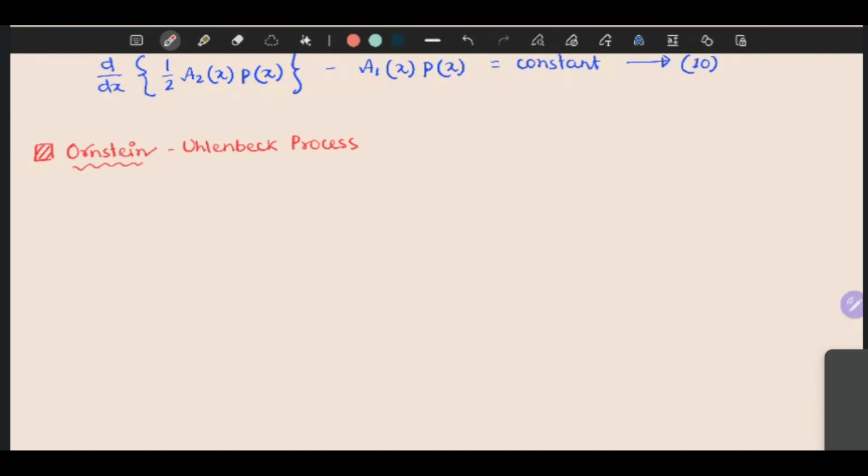Among all the continuous Markov processes, there is a very unique one.